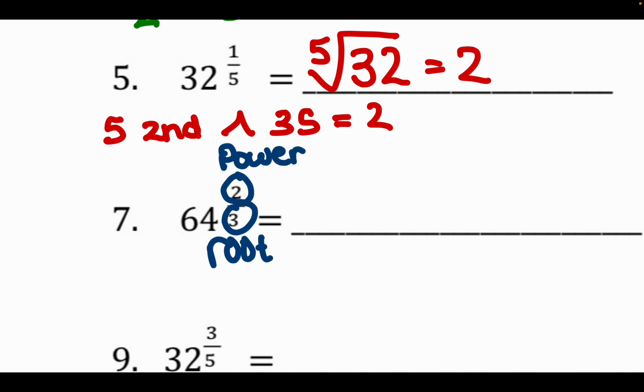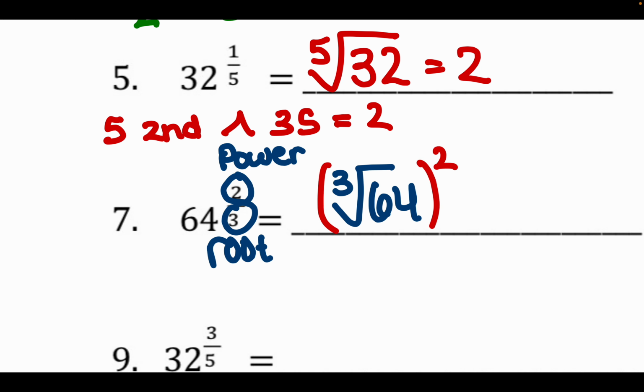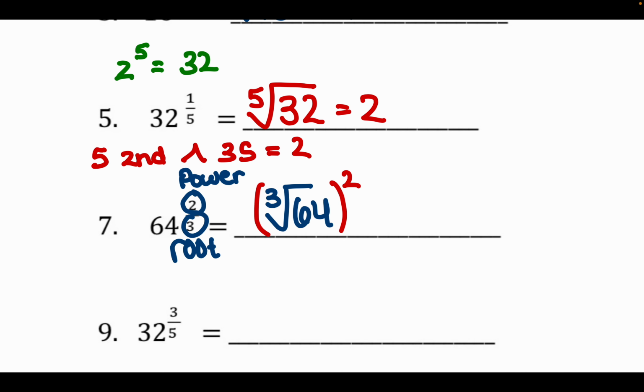So this is the cube root of 64 all to the power of 2. So the cube root of 64 is 4. So you're going to put that in your calculator. Now we're going to do 4 squared, which is 16.